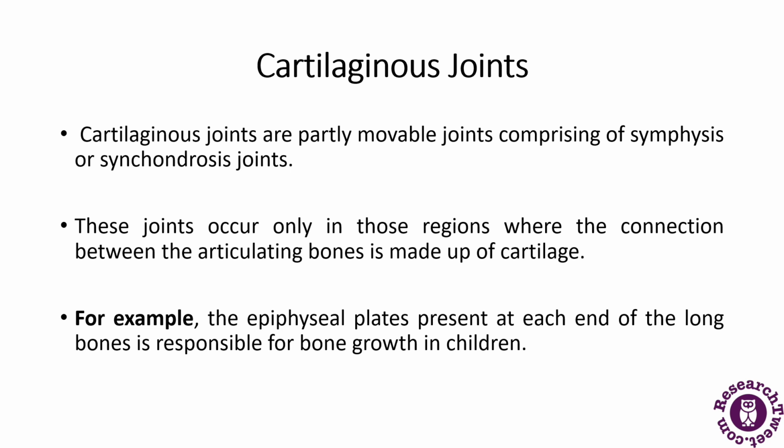Now, what is the term known as? There is a term which I am introducing here, that is synchondrosis. They are temporary cartilaginous joints which are present in young children and last until the end of puberty. The examples are being described here.